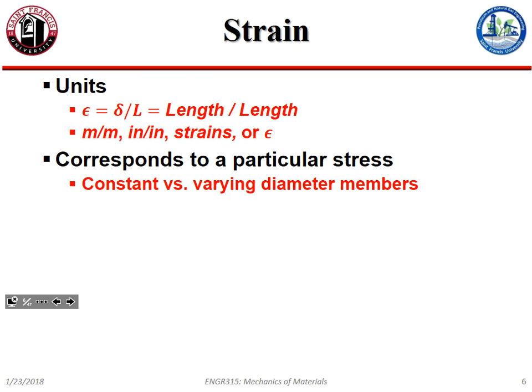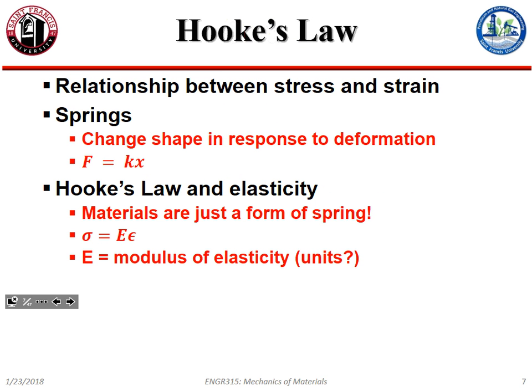But that's not really exciting unless we can relate it to stress, right? And that's where Hooke's law comes in. Now you probably remember this, but the relationship is pretty much the same thing, but stress and strain are being related not by a spring constant per se, but something called the modulus of elasticity.